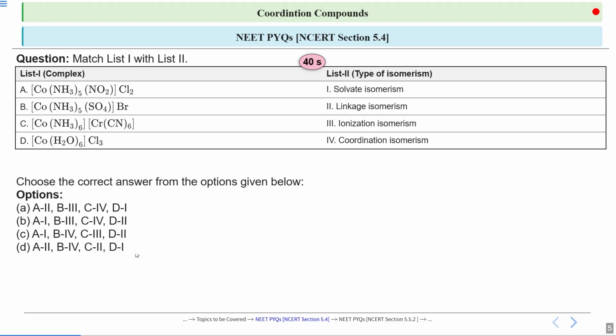Try to solve this, and then we will see the correct answer. Okay, let's see.